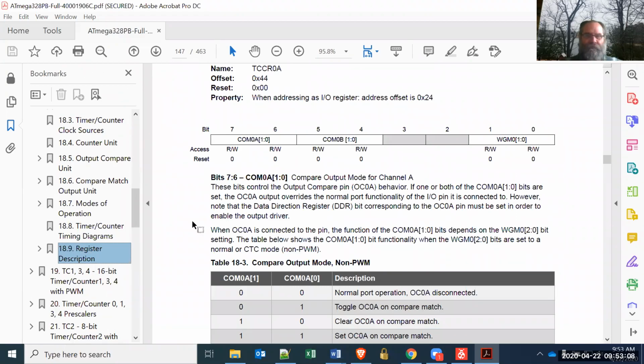If I look at bits 6 and 7 here, timer 0 controls the behavior of OC0A. If I put this in PWM mode, I can control what the waveform on OC0A is just by setting up a few bits, and then the hardware takes care of all the magic.